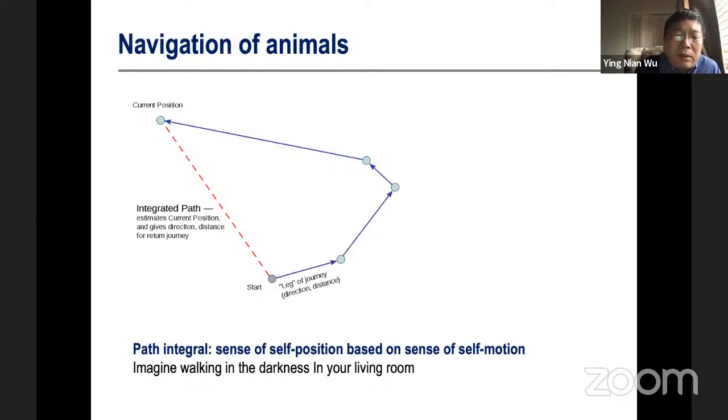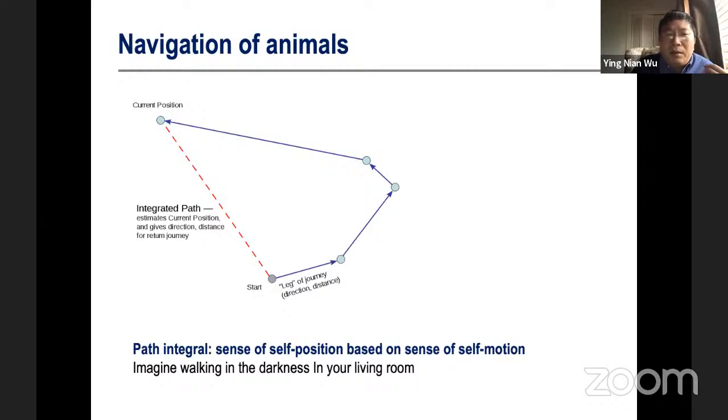One is path integral. So the rat, or in general the mammals, in the early days of the mammals, the Earth was ruled by dinosaurs, right? So they often came out at night, a nocturnal type of behavior. There's not much sunlight, but they still need to get a sense of self-position based on their sense of self-motion.